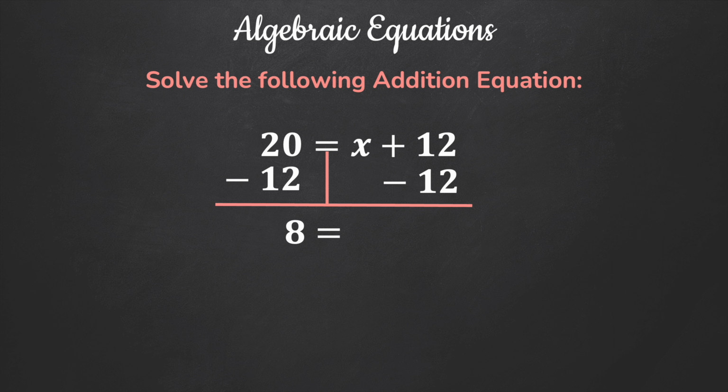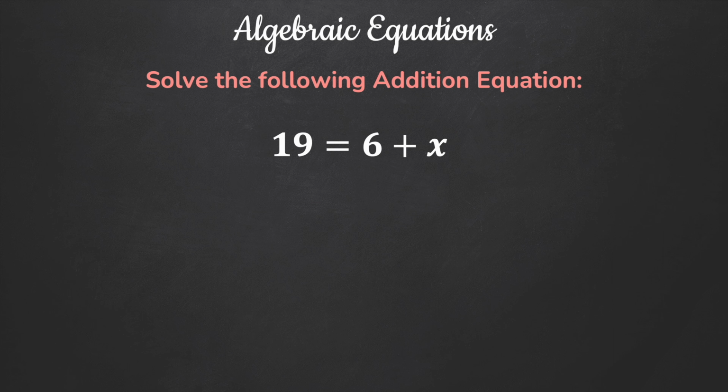We're going to bring down the equal sign. And then here, because we have plus 12 and then minus 12, they're going to cancel each other out. And the only thing that we have left on the right side of our equation is x. So our x value is equal to 8. So 20 is equal to 8 plus 12.